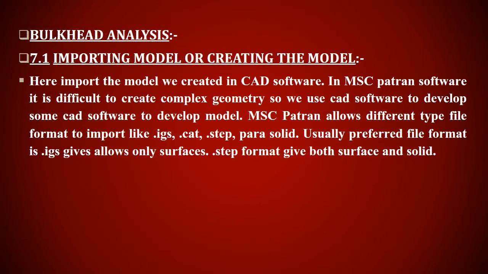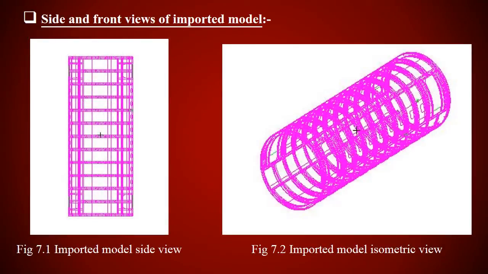In that bulkhead, creating the model, I already explained in the previous slide. There are the side view and front view of the important models. After drawing this bulkhead in CATIA, we are going to mesh it, find how much stress it is carrying, and find the modal analysis.